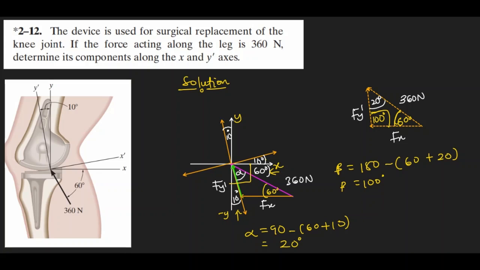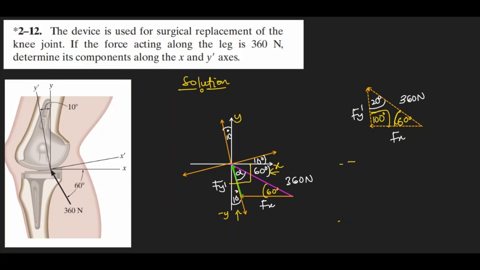So now let's go ahead and find Fx and then Fy prime. Finding Fx first, you can see that Fx is pointing in the negative x-axis direction, so we are going to negate that value, and then we will use the sine rule to find Fx.